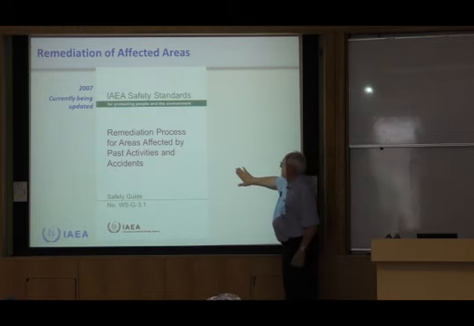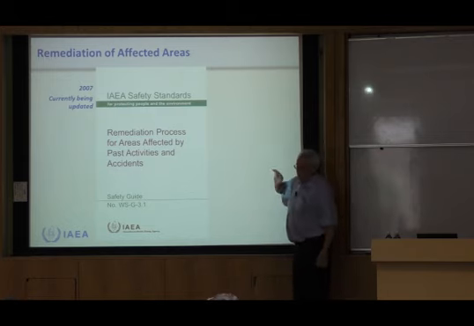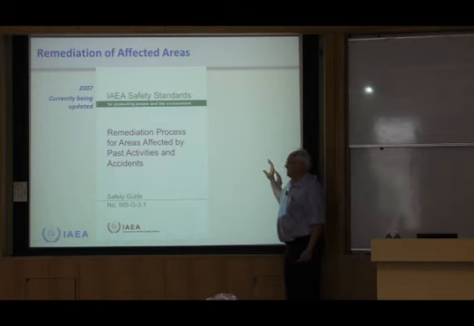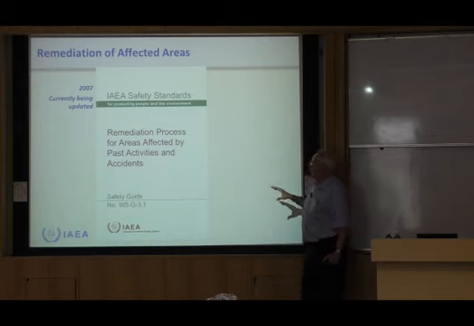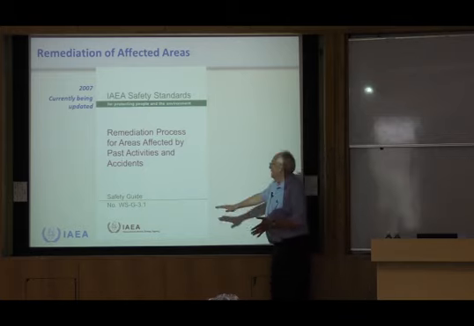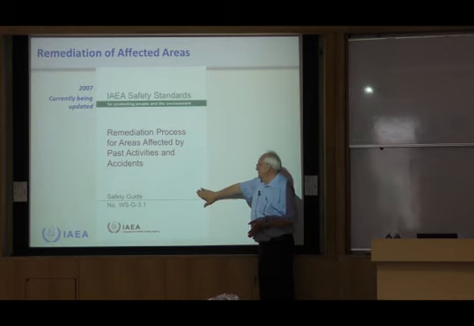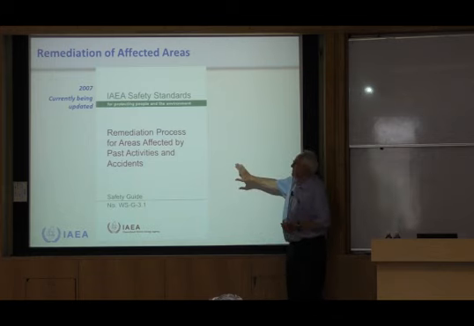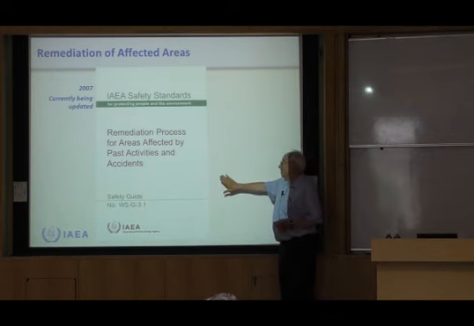And these standards show what should be done to properly manage existing exposure situations, to properly manage situations where you have radionuclides existing in the environment from past accidents, for example. This was published in 2007, and this safety guide is currently being updated.